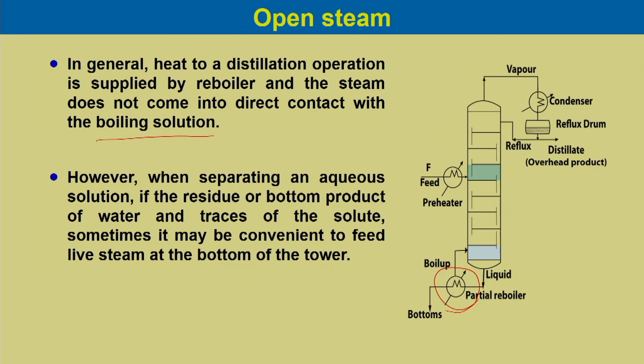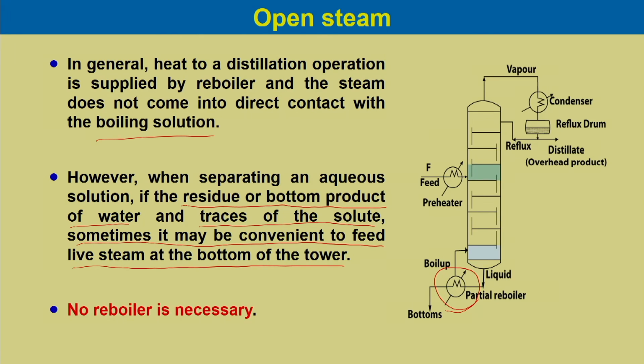However, when separating an aqueous solution, if the residue or bottom product is water and traces of the solute, sometimes it may be convenient to feed live steam at the bottom of the tower. In this case, you need not have a reboiler at the bottom.